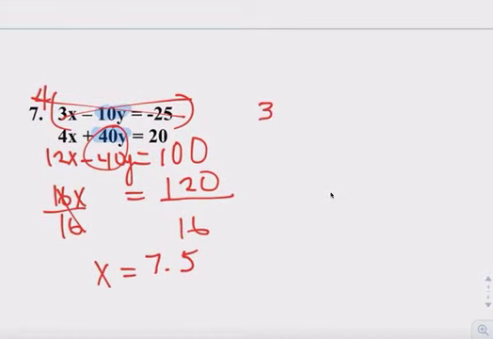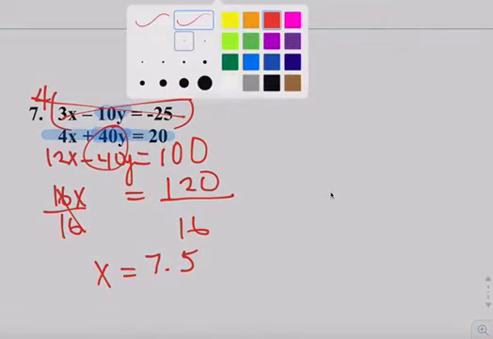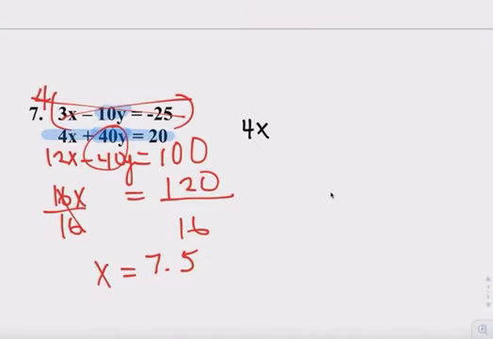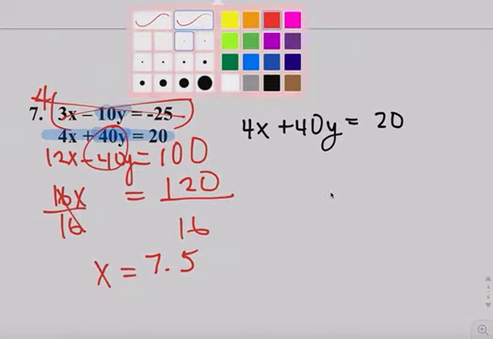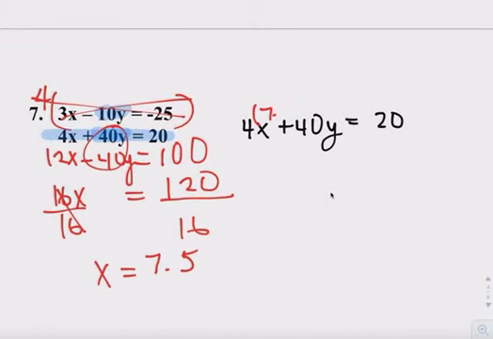I'm going to use all the positives down here. For x plus 40y equals 20. $30 plus 40y equals 20.